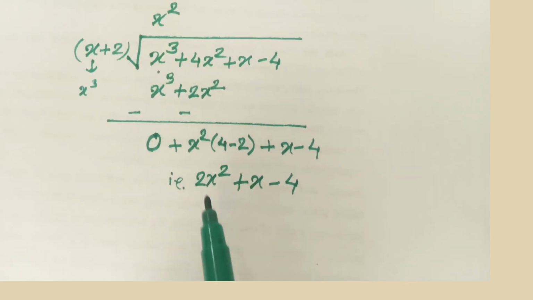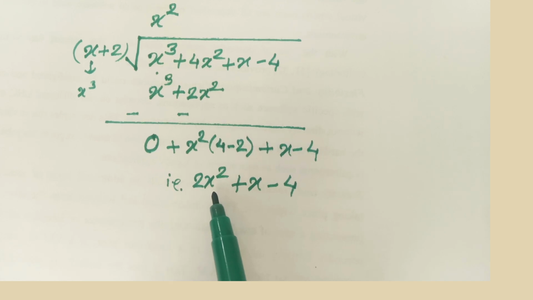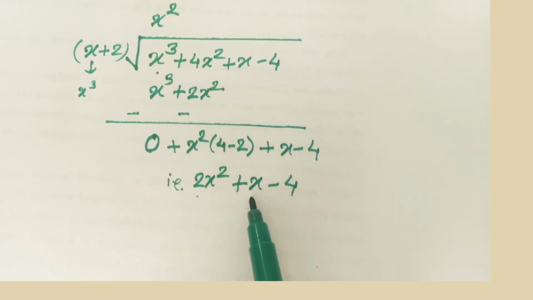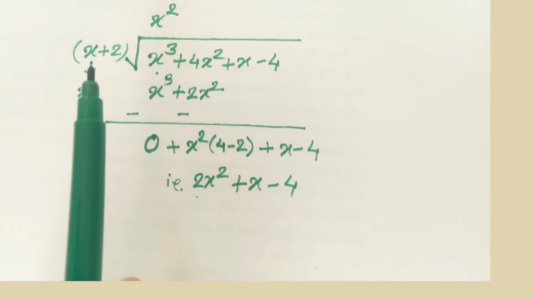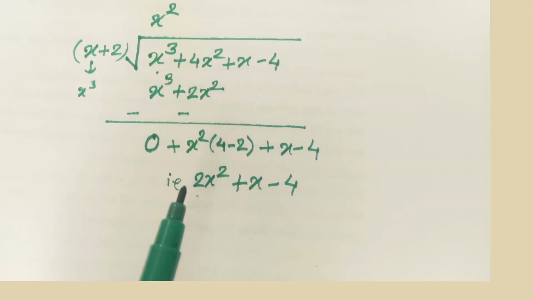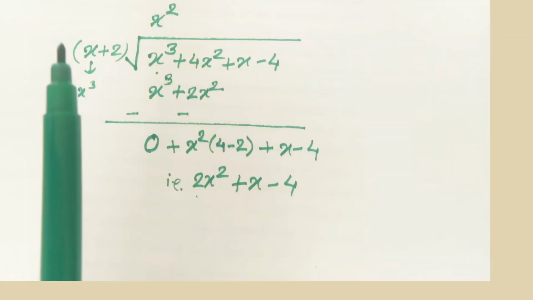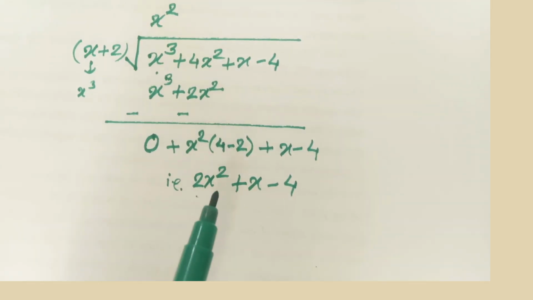Now our new polynomial is 2x squared plus x minus 4. We have to divide this term by x plus 2. Again you have to check the first term: it is 2x squared and here the first term is x, so this x you have to convert into 2x squared.